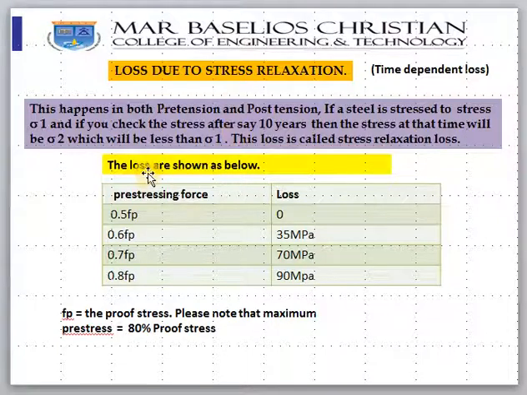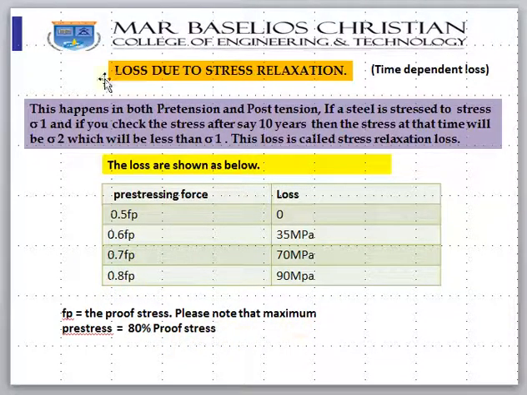The losses are shown in the table. If your pre-stressing force is 0.5 fp, where fp is the proof stress, there is no loss. If it is 0.6 fp, the loss is 35 megapascal, and for 0.7 fp, it is 70 megapascal. The maximum stress we will apply is 0.8 fp.